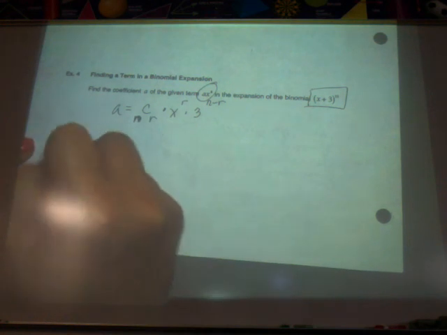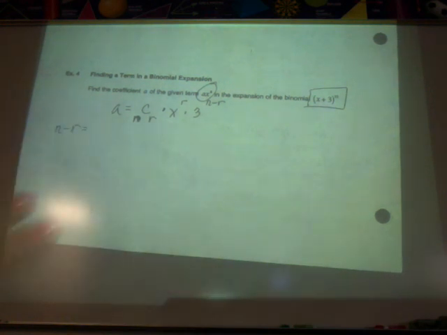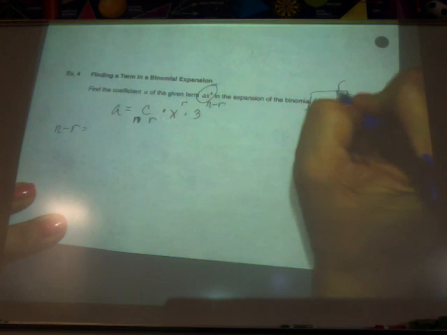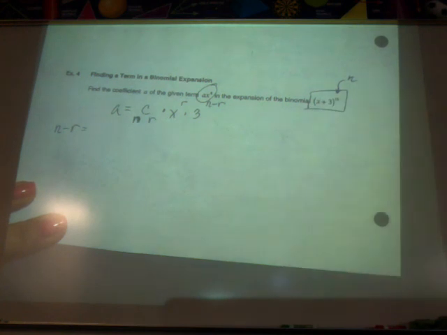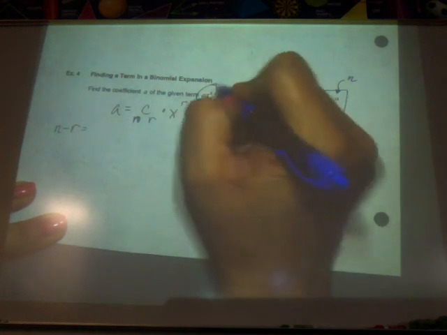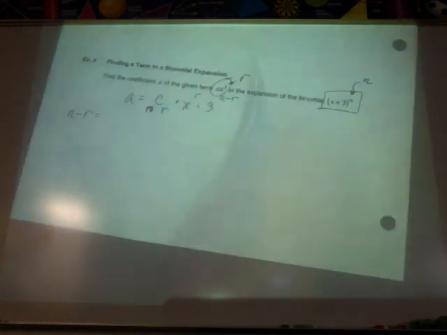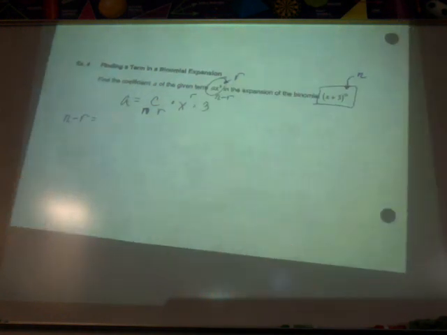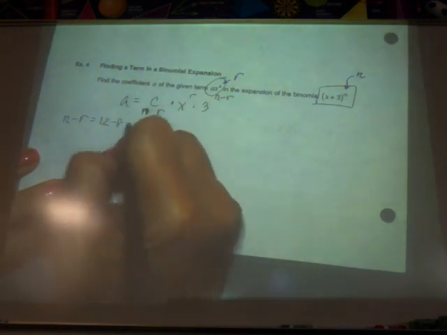So n minus r, well first of all, isn't this n? Because it's our power of our binomial, the bigger number's n. And then this is our r. So n minus r is 12 minus 8, which is 4.